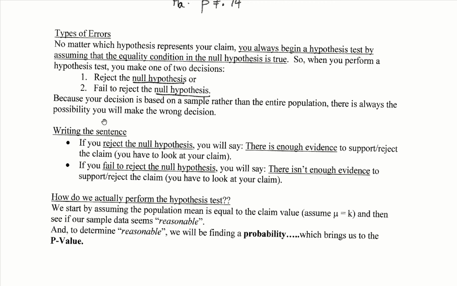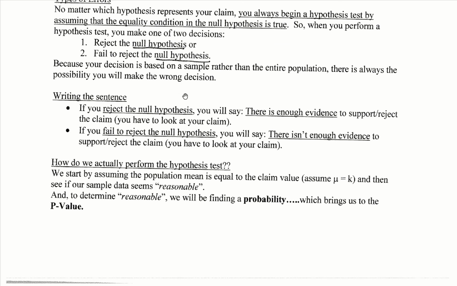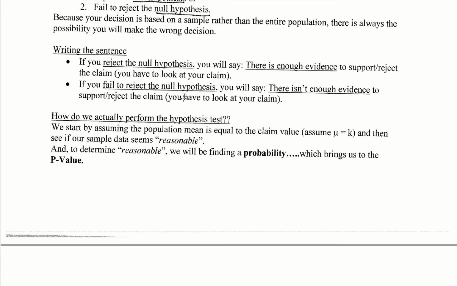So whenever we go to make a decision, the decision will either be of the form reject the null hypothesis or fail to reject the null hypothesis. When we write out our conclusion, if we reject the null hypothesis, we will always say that there is enough evidence, and then it'll either be to support the claim, if the claim was the null hypothesis.